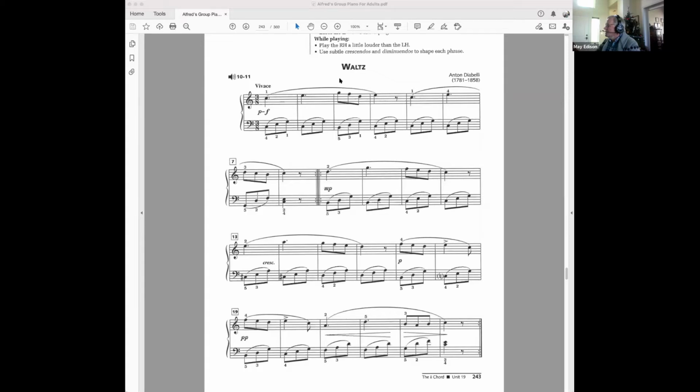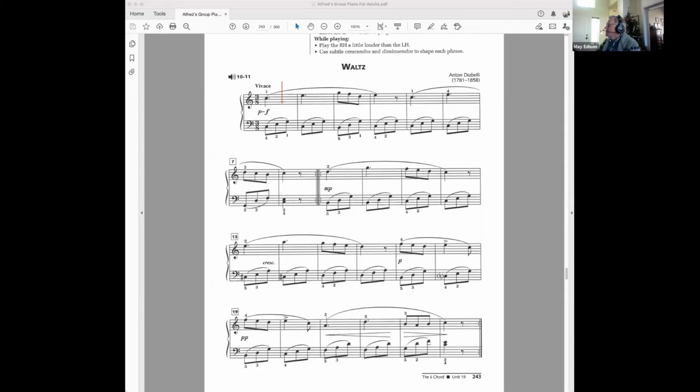Okay. So the way I like to think of it, Edison, is I like to compare it to vocalists and to string players. A vocalist is not going to take a breath in between these notes because there's a slur. Oh, okay. So they're going to sing la, la, la, la, la, la, not la, la, la, la, la, la. And the same thing with a string player.